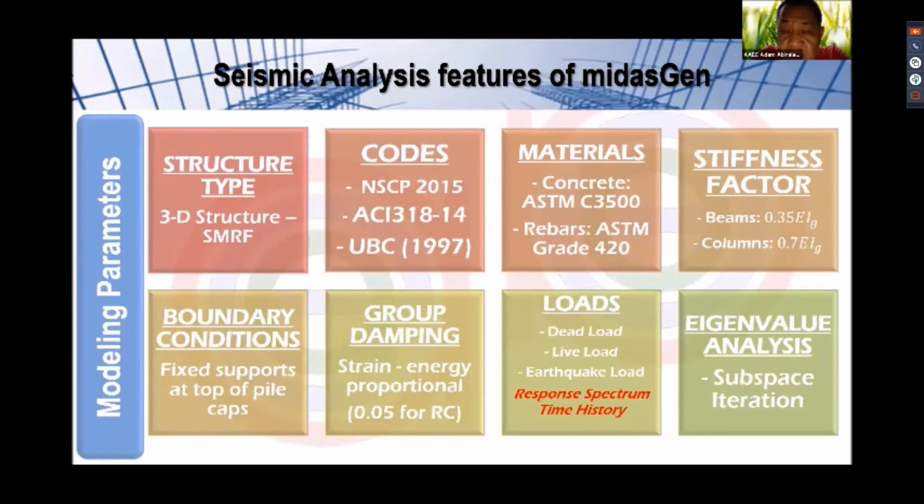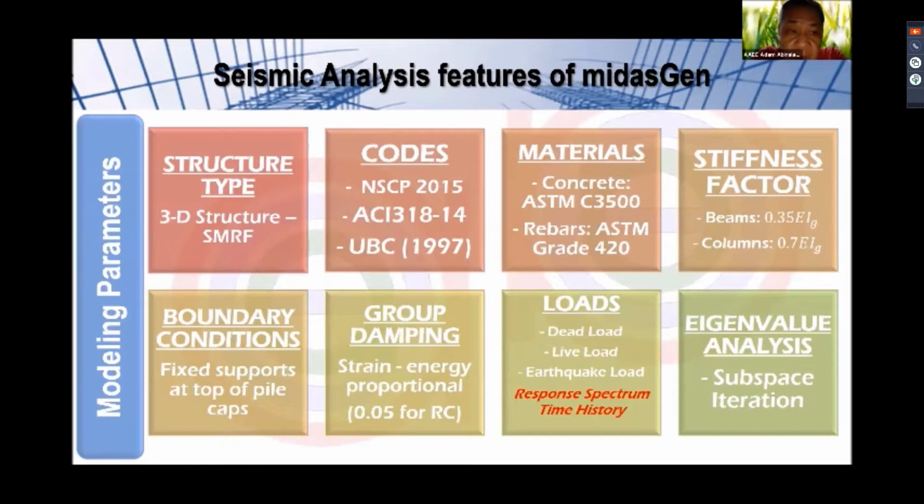Based on the structural plans that we have, the materials considered in the analysis, the concrete is 3,500 PSI, whereas the rebars are considered to be conforming to ASTM grade 420.